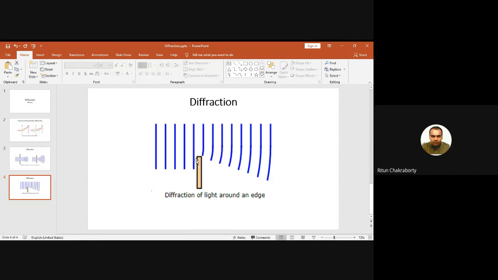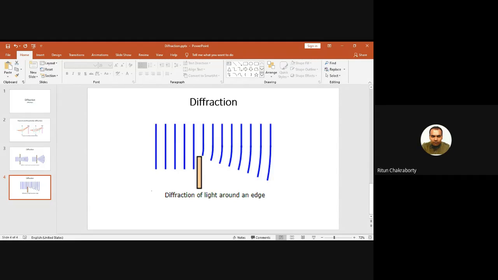Here you have put an obstacle in the path of light, and the light bends around this edge, and that is the definition of diffraction of light. I hope this is clear.